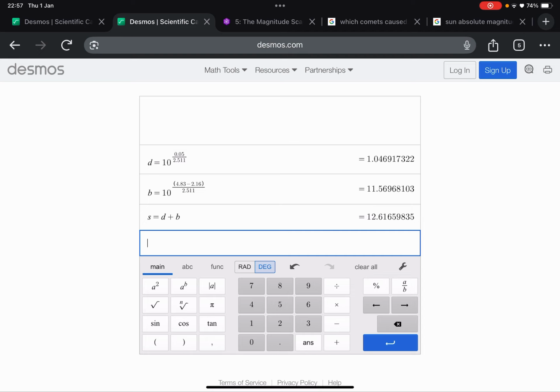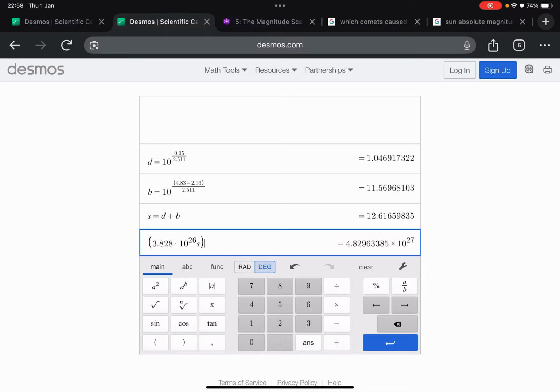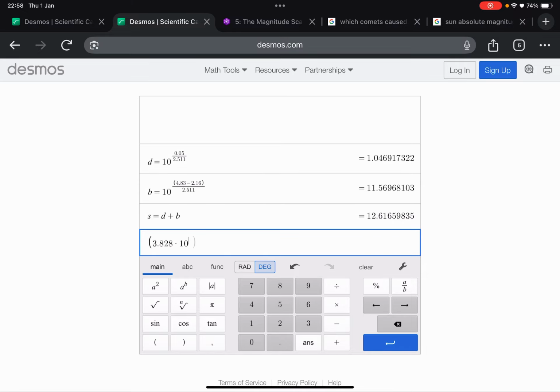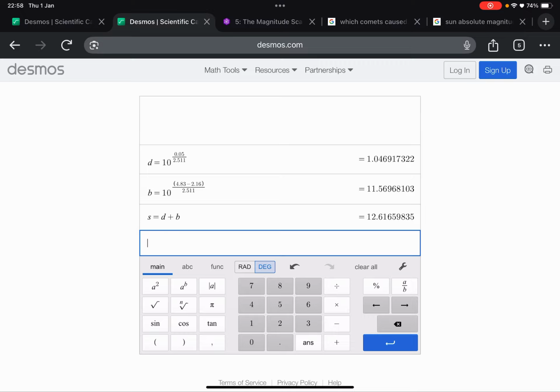How do we do it again? So it's 12 times the luminosity of the sun, which is 3.828 times 1226 S, which if you put over by the luminosity of the sun, no, it's just 12. Are you stupid? Yeah, just 12.